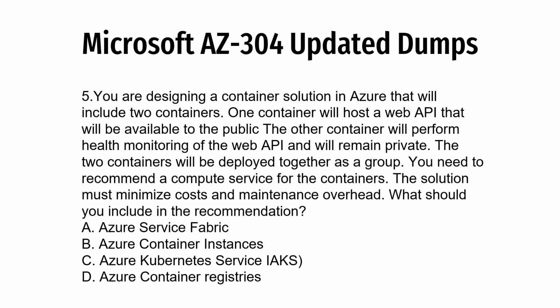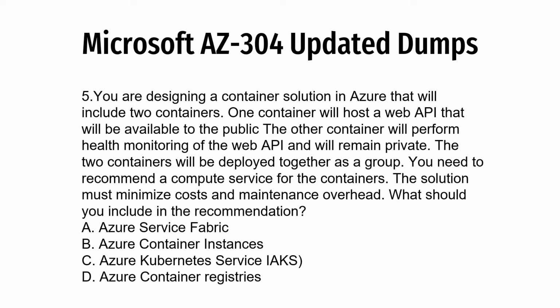5. You are designing a container solution in Azure that will include 2 containers. One container will host a web API that will be available to the public. The other container will perform health monitoring of the web API and will remain private. The 2 containers will be deployed together as a group. You need to recommend a compute service for the containers.